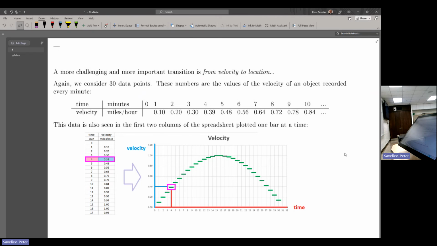So can you describe what's going on? These are the velocities, so just read the velocities, roughly speaking. What's the velocity in the beginning? Increasing.